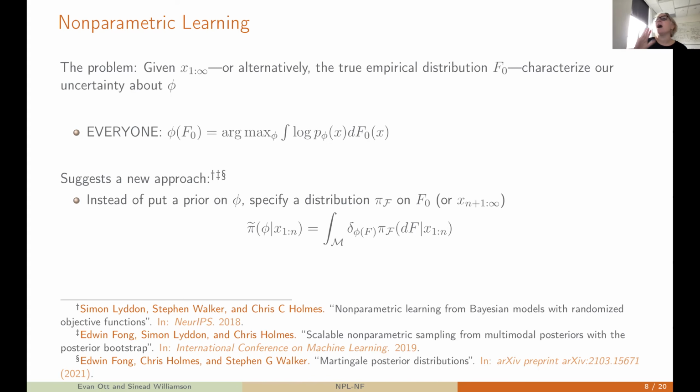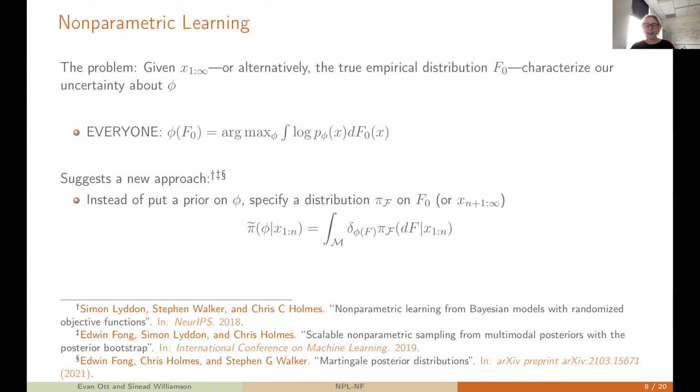I digress. So what this line of thinking does is say, well, the problem is we don't have all of the rest of the data. But if we did have that data, we'd be fine. So rather than putting a prior on phi, let's specify something that captures our uncertainty about all of the rest of the data.